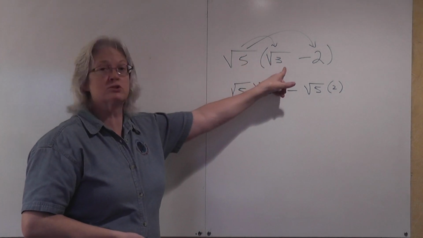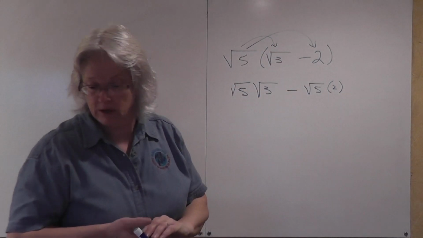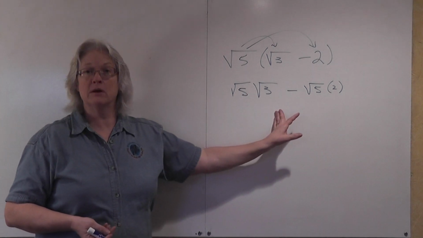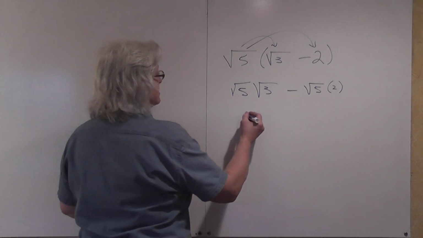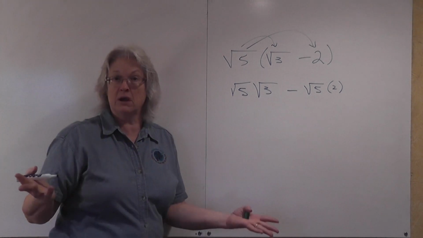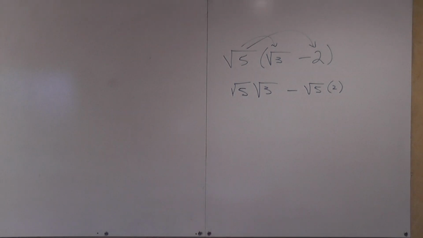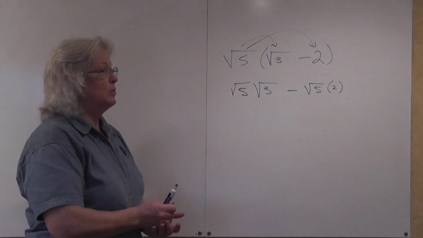All I'm doing is distributing a factor of the square root of 5. Square root of 5 times the square root of 3, we use our product rule to say, well, first off, we're looking here. Can we take the square root of 5? No, it's a prime number. You can't take the square root of 3 either because it's a prime number.